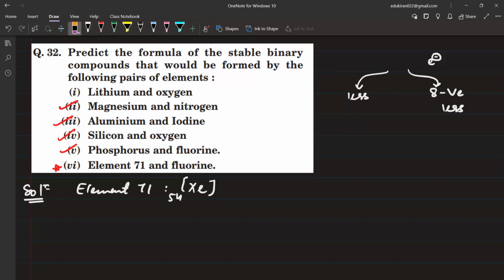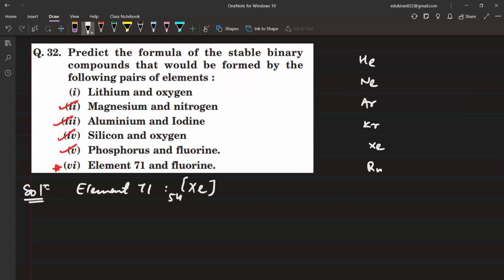Now let me write the noble gases here so that you will get the electronic configuration. You will have helium, neon, argon, krypton, xenon, radon. I hope all of you know how to write this, right? So xenon is 1, 2, 3, 4, and fifth noble gas. I will start from here: 6s2, 4f14.